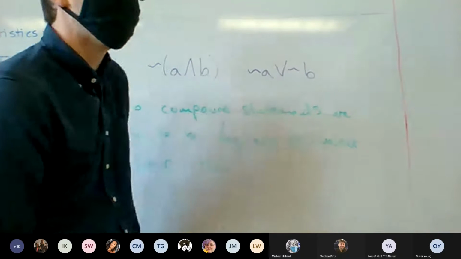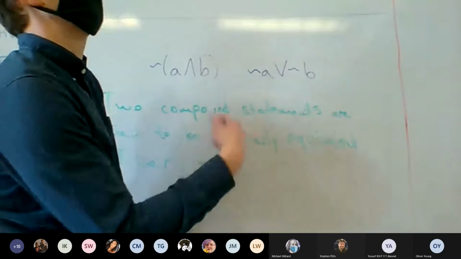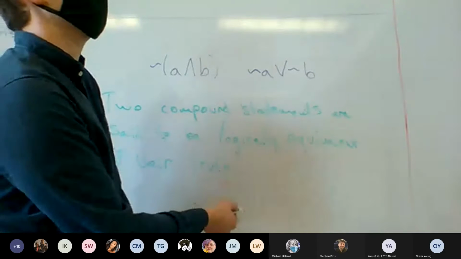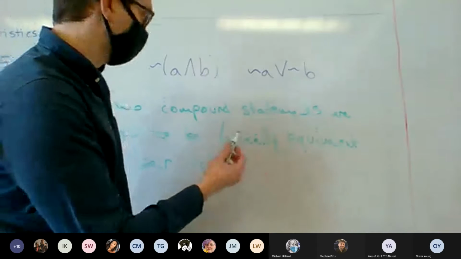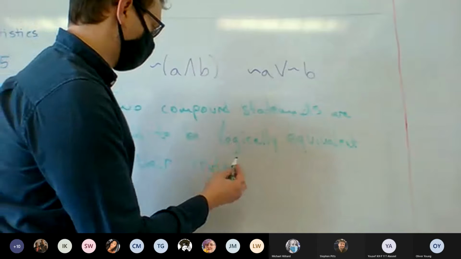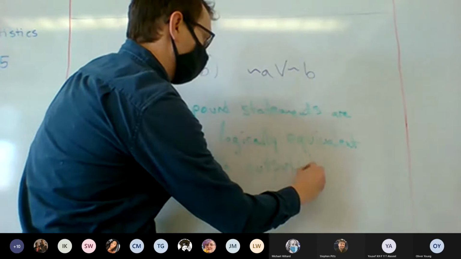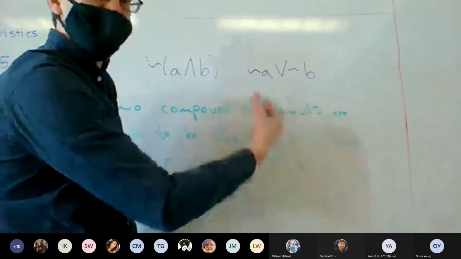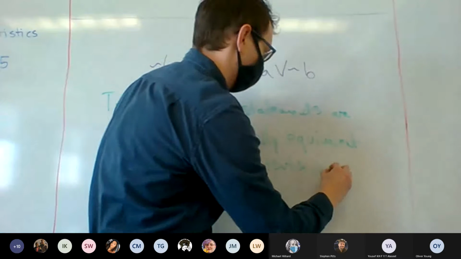I've been saying truth outputs, which is maybe a little informal. I don't like to be technical unless we have to be technical. Yeah, I'm going to say truth outputs. Meaning, when I say their output, I mean that final column, that last column in the truth table, are the same.